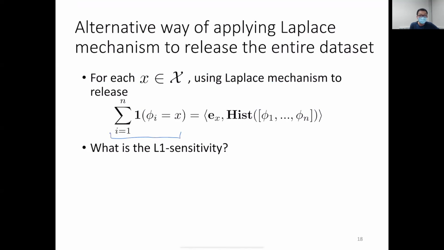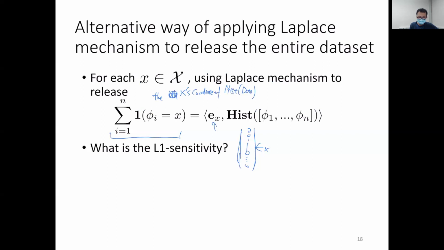These are the building blocks of all statistical queries, effectively the x coordinate of the histogram representation of the data. This E of x is what I call the standard basis. That is a long vector that is 1 at x and 0 everywhere else. So this itself is a linear query and a statistical query.